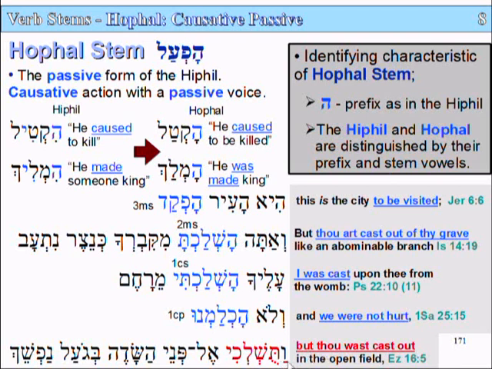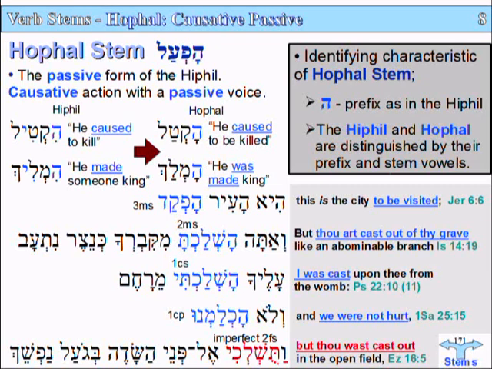But thou wast cast out, Vatushlachi al pnei hasadei, upon the face of the field, begoal nafshech. And we don't have any room to put the rest of the verse there. So, tushlachi. The actual verb here, the root is shalach, to send. Tushlachi, thou wast cast out. That's an imperfect second person feminine singular.